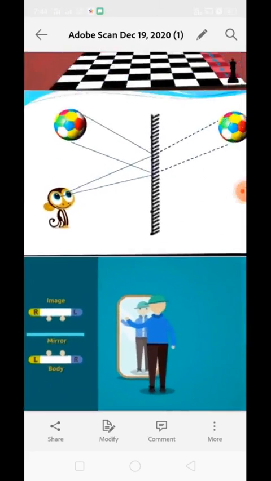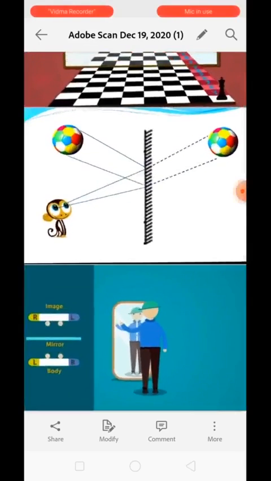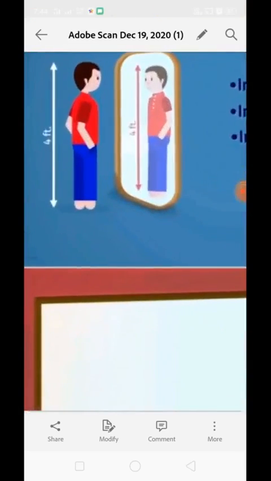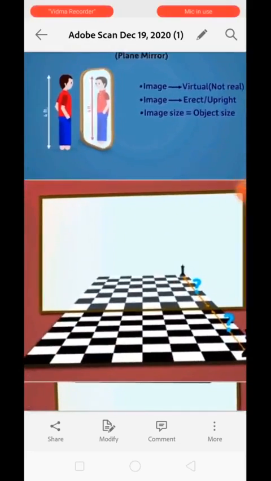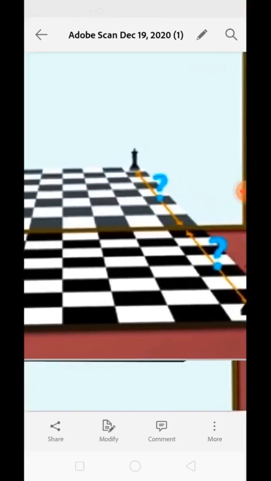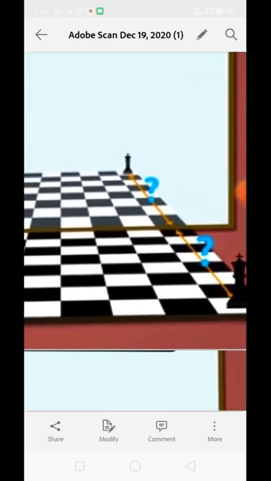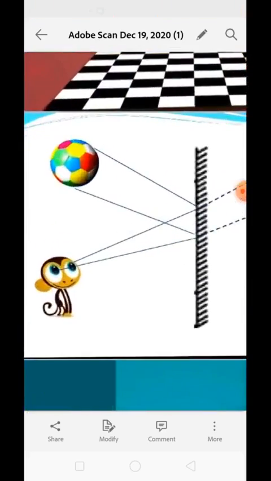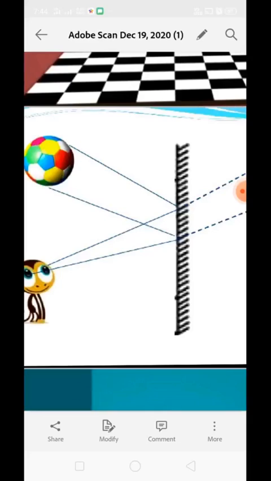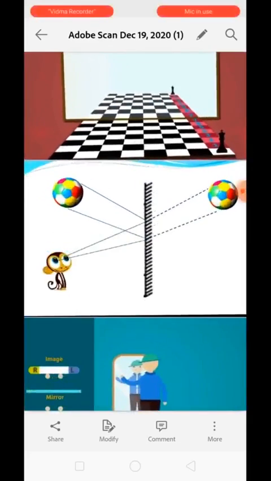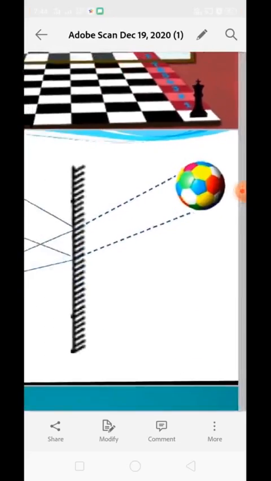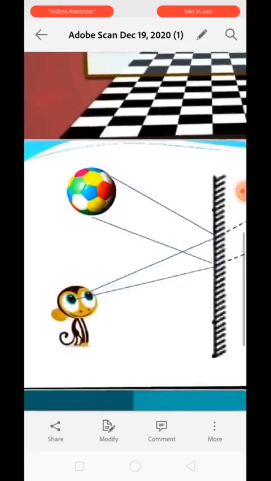So these are all the qualities of the image formed by a plane mirror. What are they? First, it is of the same size. It is at the same distance; the image is at the same distance from the mirror as the object. Next, the image is virtual in nature, meaning there is nothing there to see, but we imagine that the ball is present over here.